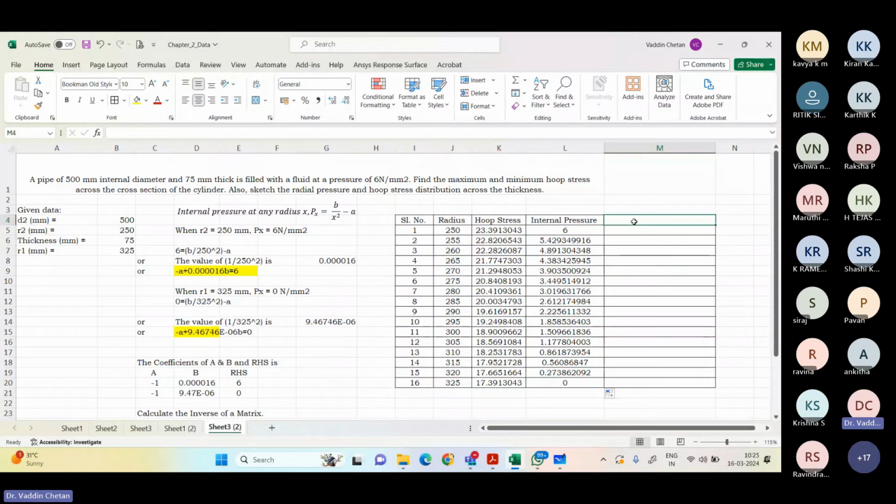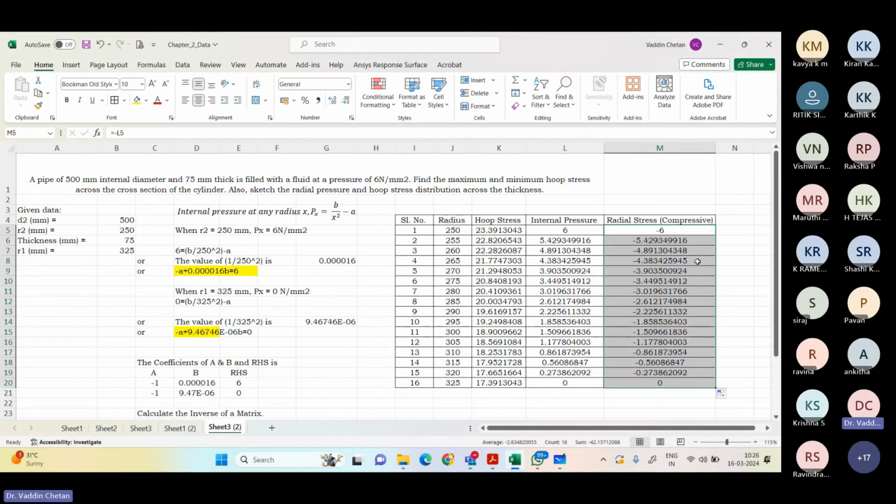Now the radial stress is compressive in nature. For value sake, the negative sign does not mean that it is a negative value. It indicates that it is compressive in nature. Radial stress is compressive in nature.